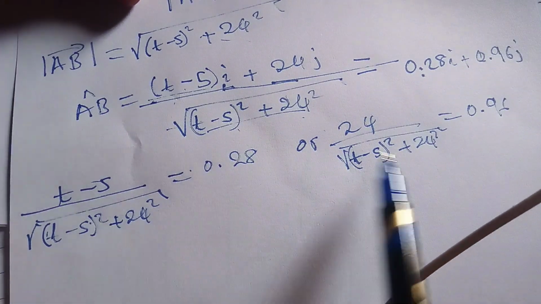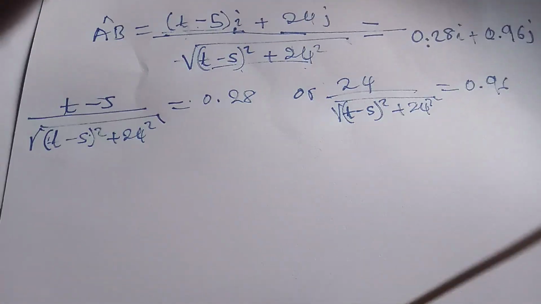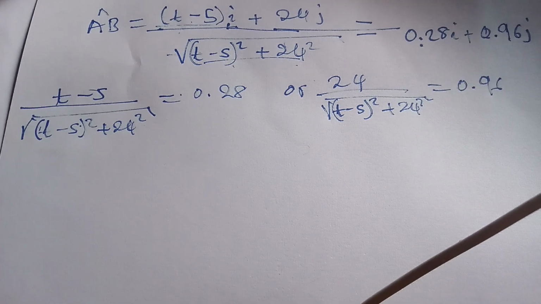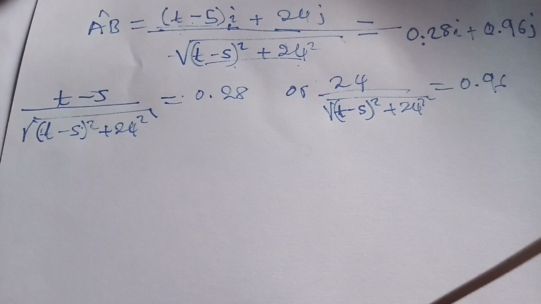So either this or this can be used to solve for t. Remember, we only have t, so there is no need to solve these two equations simultaneously. You can just pick one and solve.